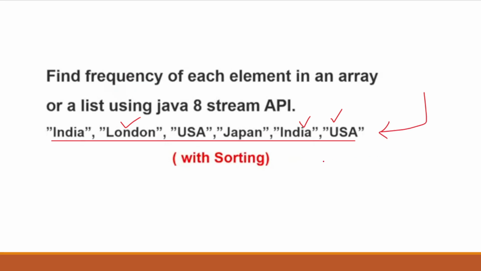So we have to store it in a map and find out the value, and I will also cover how we can sort once we get the frequency. We will try to sort it in both ways, by key and by value. How can we sort it? So just be with the video, let's get started.